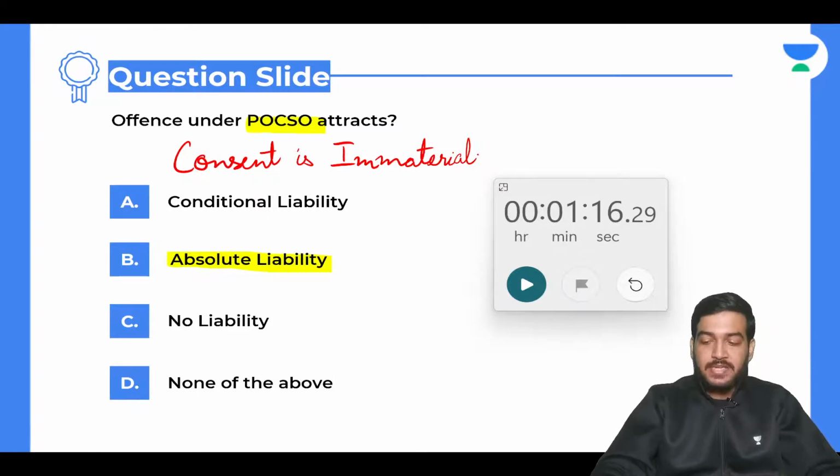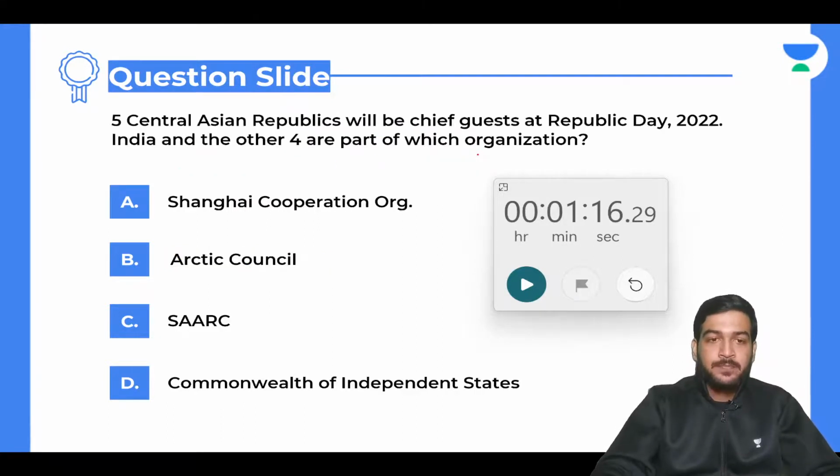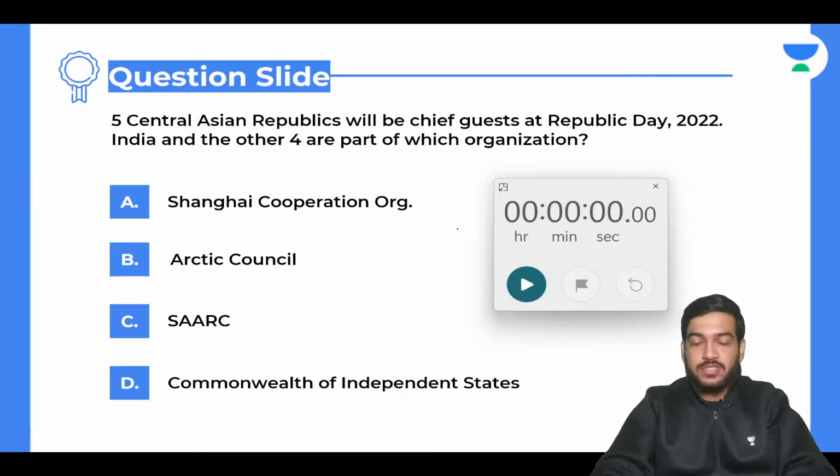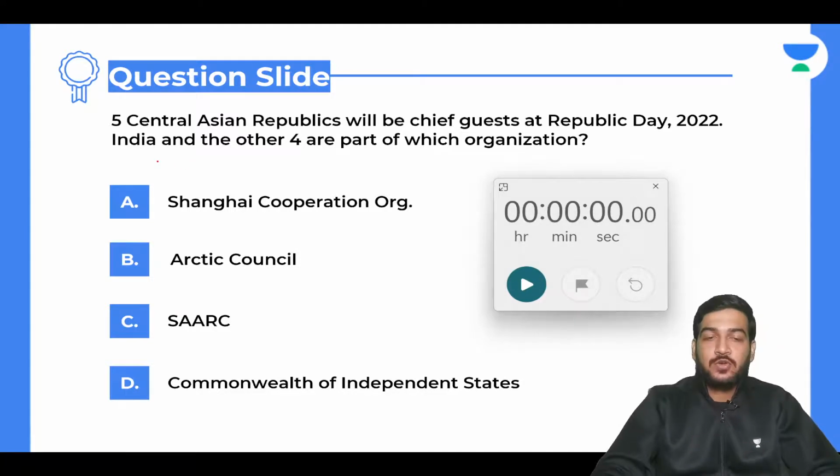Okay, so very good once again, Trasik, Jamal and Shubhangi. Now 5 Central Asian republics will be chief guests at the Republic Day 2022. India and 4 others are part of which organization? Central Asian republics, Tajikistan, Turkmenistan, Kyrgyzstan are some of them. So they are part of which organization along with India?